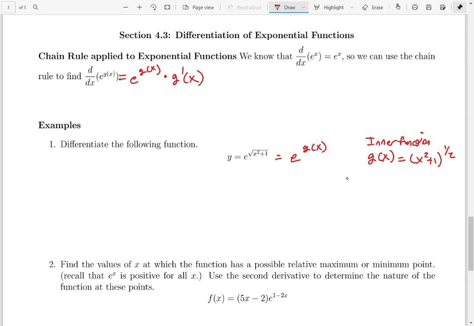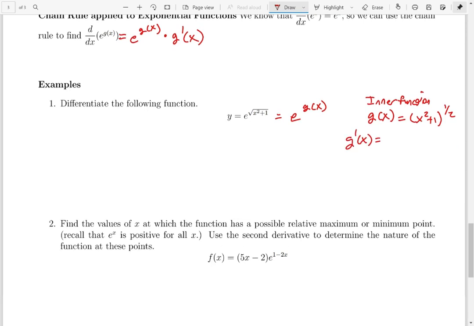Well, then if I want to find g prime of x, that's just a chain rule, so that's going to be 1/2 x squared plus 1 raised to the negative 1/2 times the derivative of the inner function, but that's just going to be 2x plus 0. So we found g prime.